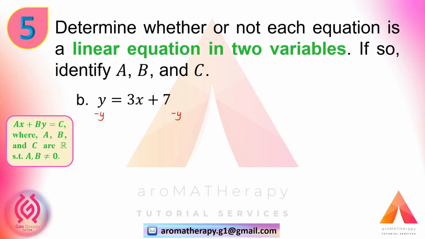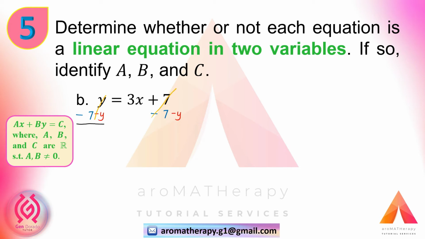So, ayan, makakancel si y on the left-hand side. Magiging 0 yan siya. We also need to subtract 7 on both sides of the equation. So, on the right-hand side, magiging 0 siya kasi makakancel si positive 7 at negative 7, which is equal to 0.